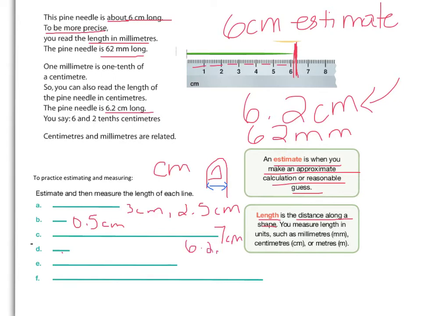That's my actual. The next one looks like it's a whole pinky, so 1 centimeter for the estimate. And actual, it's a little bit less than that. It's 0.7 by the looks of things for the actual.